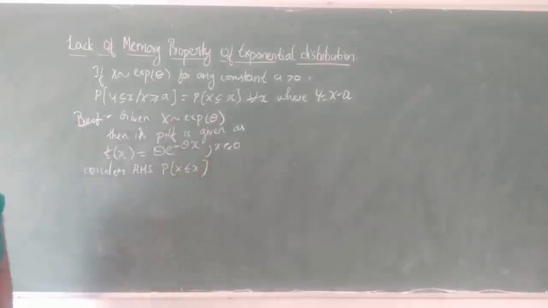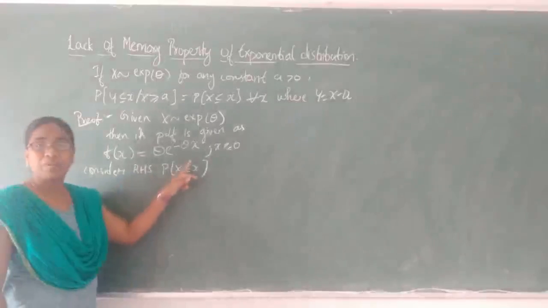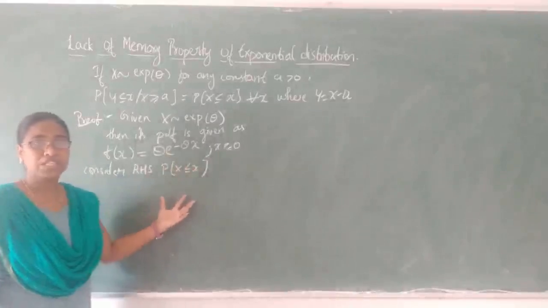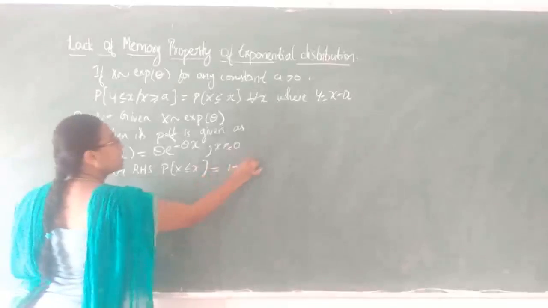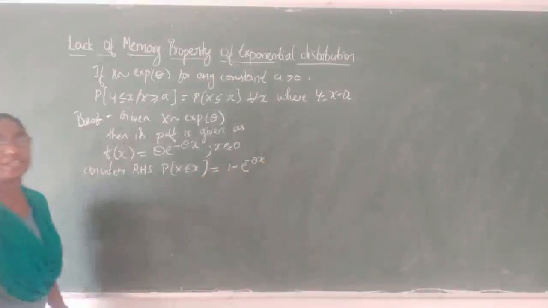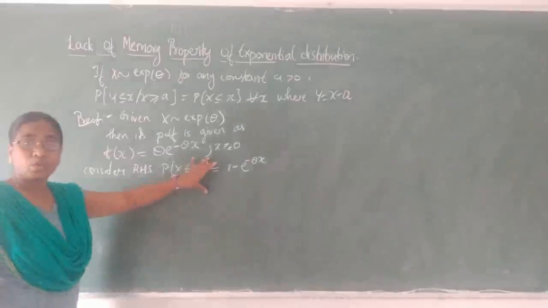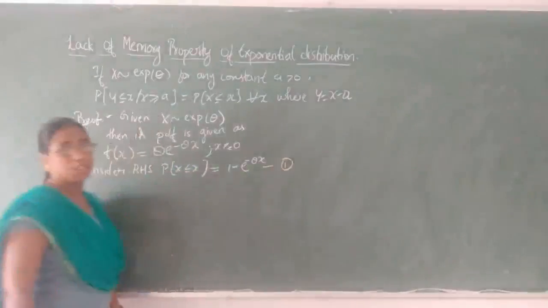This is the distribution function, which I derived in the last class. The upper limit will be x, the lower limit will be 0. If you do the integration, you get 1 minus e power minus theta x. I have already derived this, so I am writing it directly. While writing the notes, you copy that derivation here. Keep this as equation 1.